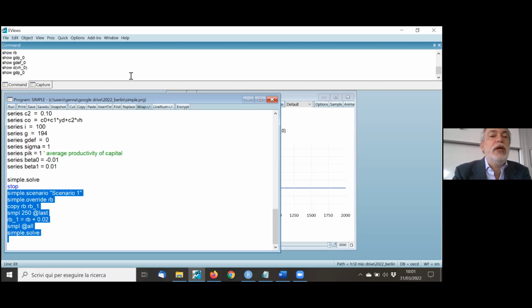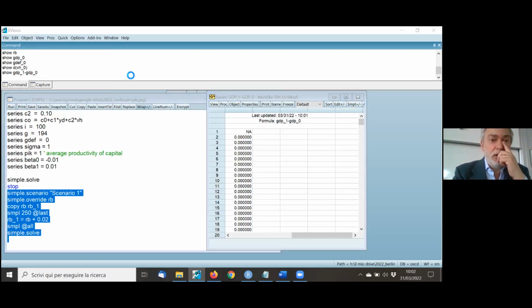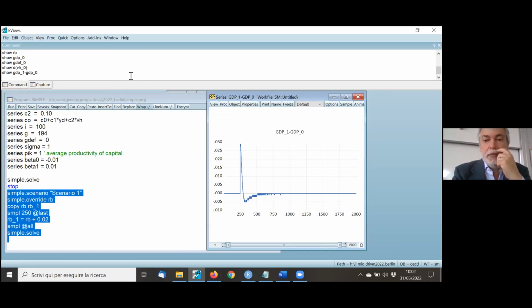So we want to look at GDP after the shock less the GDP before the shock. And this is actually, it's fluctuating in a funny way here.